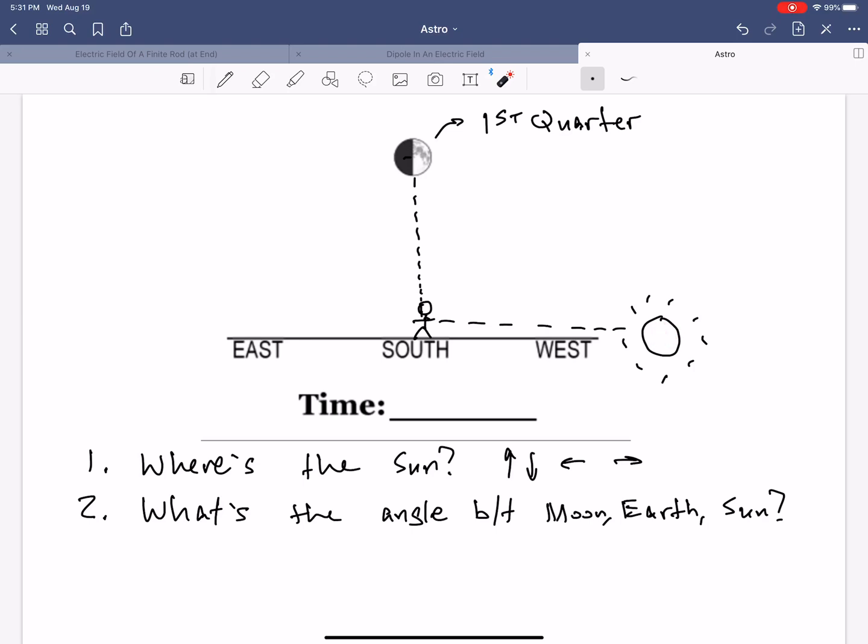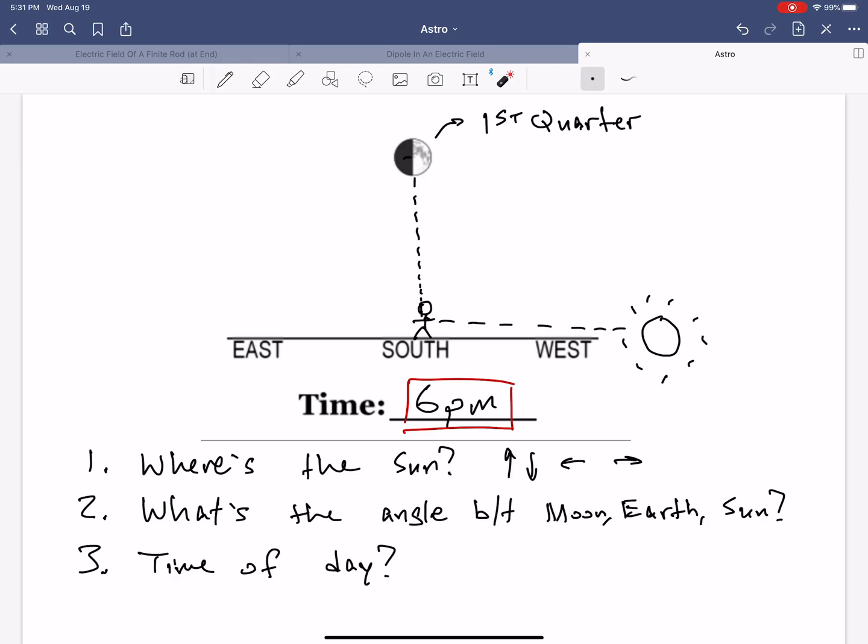Now we can do the third step, which is to determine the time of day. If the sun is on the western horizon, we call that 6 p.m., at least in this lab. And that's our answer. So if you watch this video, no one should get this question wrong.